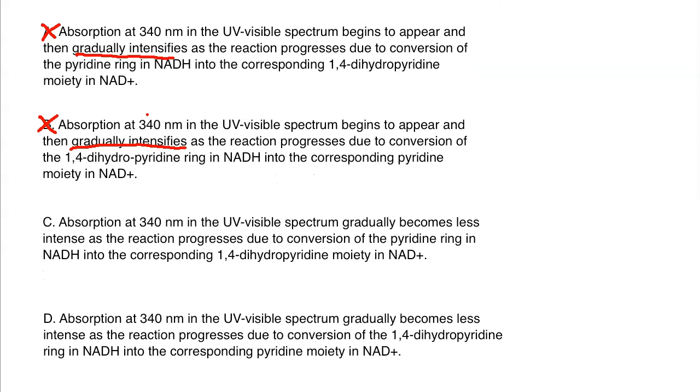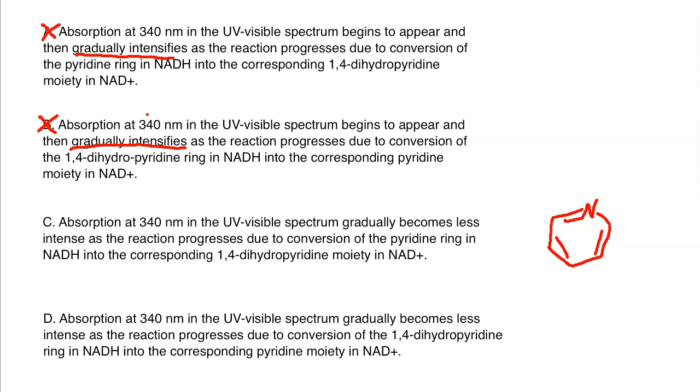So now the real question is, once we know that it's going to become less intense over time, we want to match up the proper structures. Okay, so a pyridine ring is going to be a structure that has something that looks like this.